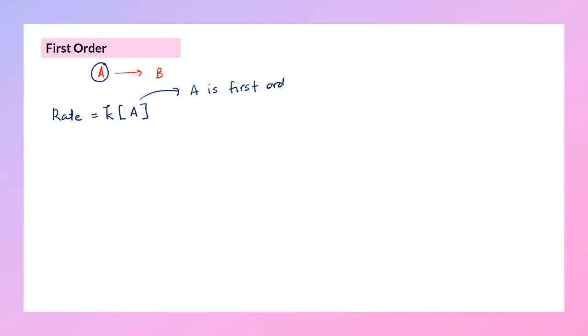Therefore, if we sketch a graph of rate against concentration of A, you can see here, when the concentration of A increases, the rate will increase. So it is directly proportional.